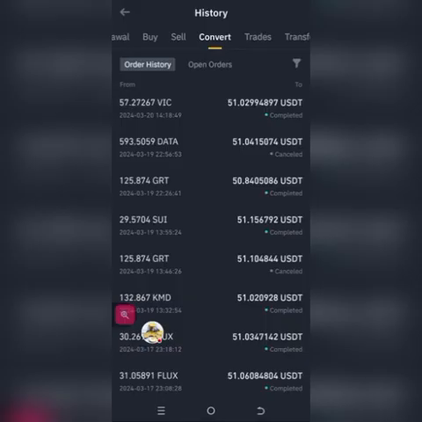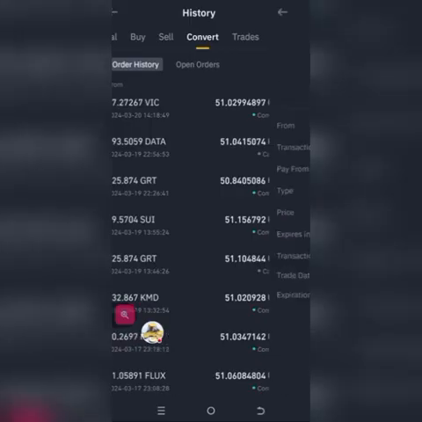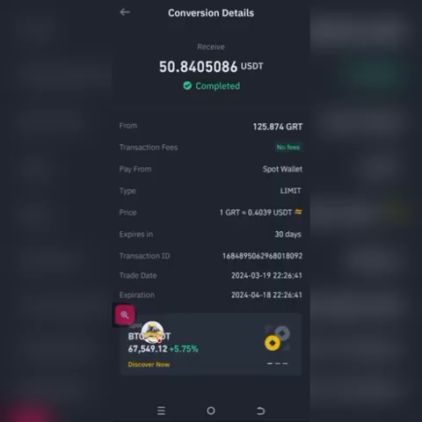GRT, yes, we adjusted it. It was supposed to give us 51, slightly above that, but I had to adjust it so that we're sure we wouldn't get ourselves stuck. As you can see here, we got $50.84, but what we put into it was $49.83.